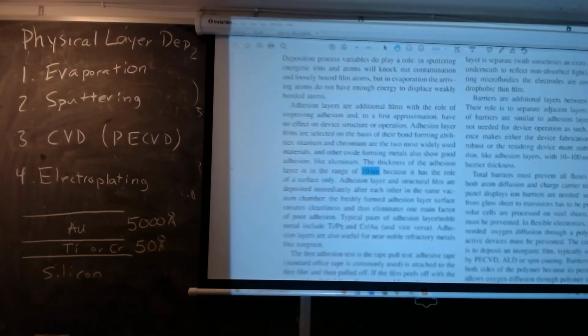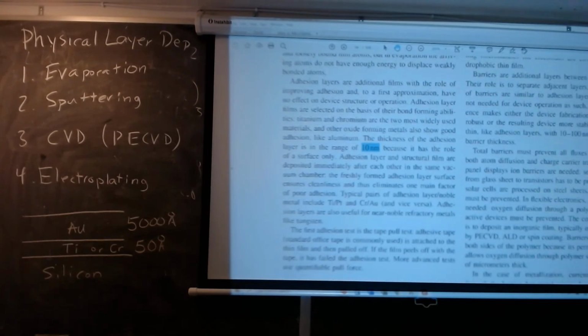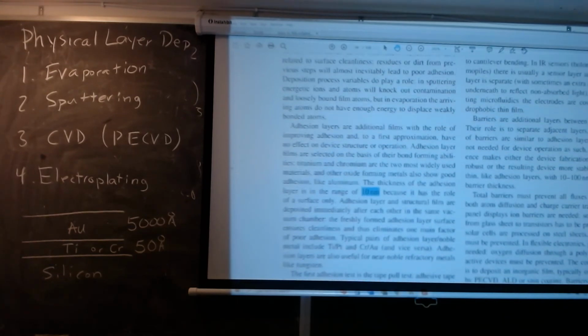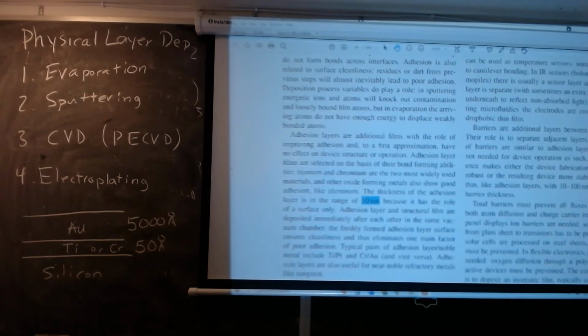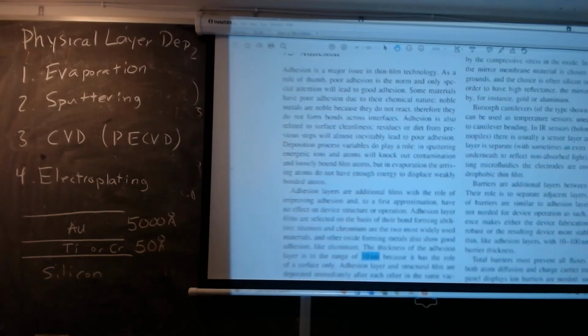There's higher level structures that you can use, but the main thing I wanted you to be aware of is that you usually deposit a structured contact, so that you first deposit an adhesion metal. Now you may ask yourself, why not just deposit a bunch of titanium? Well, that is because its surface forms an oxide.